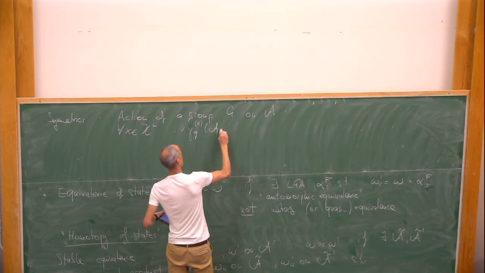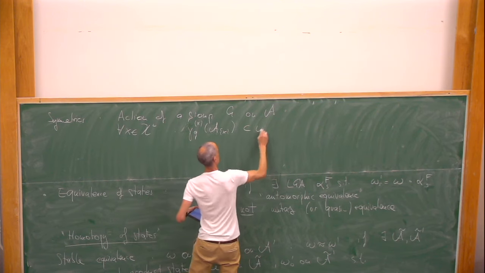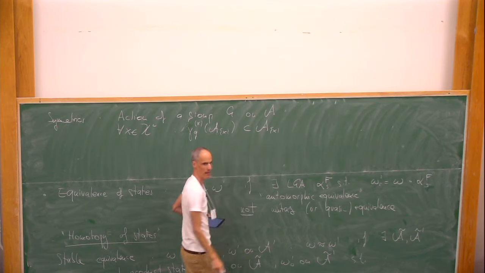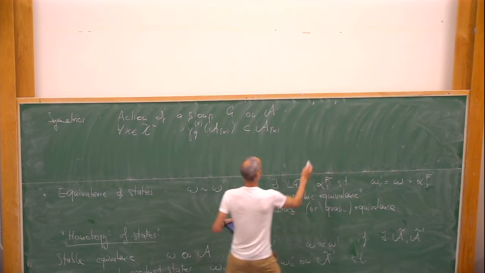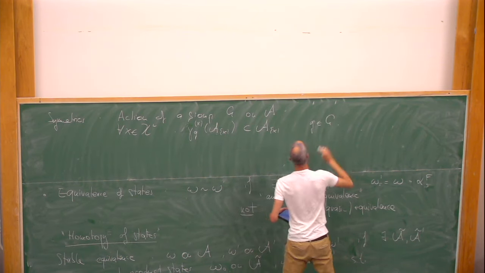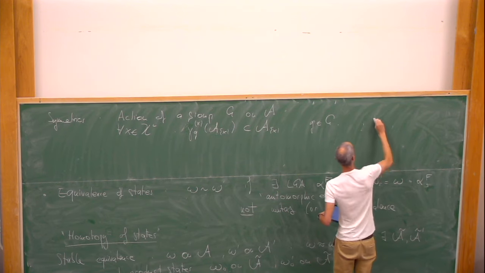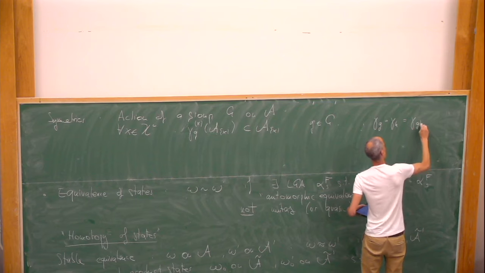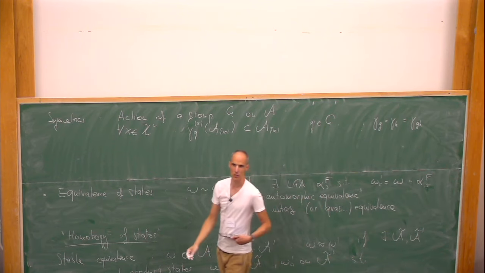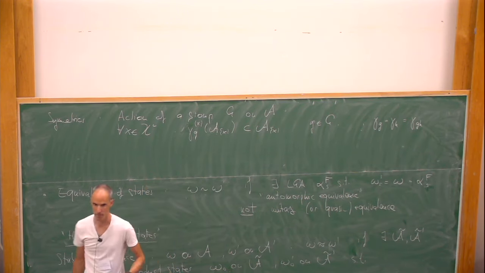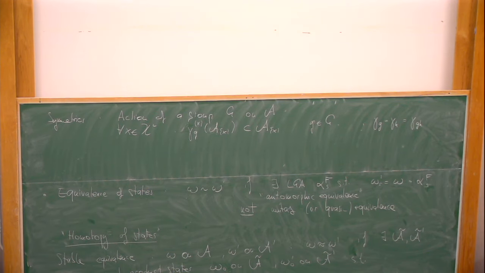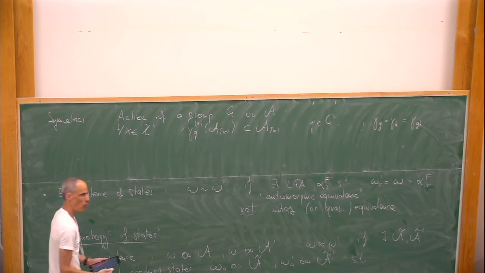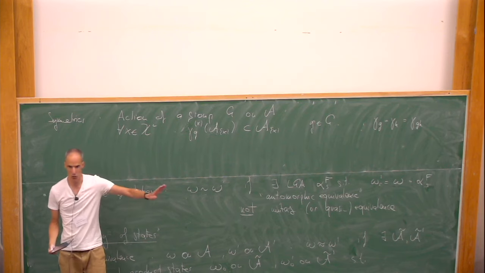So I will just say that it acts on the algebra at x, gives me back an element in the algebra of x for g in G. What does it mean to be an action? Well, that gamma g of gamma h is gamma gh. So my group, I denote it here in a multiplicative fashion. OK, so this acts at each site. And by formal tensor product, this extends to the whole algebra, OK, and at all sites.